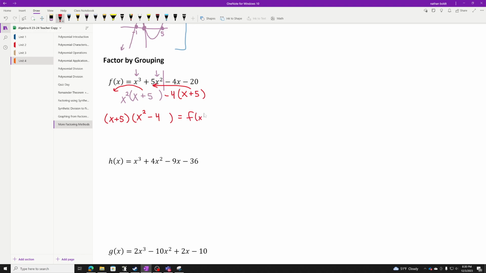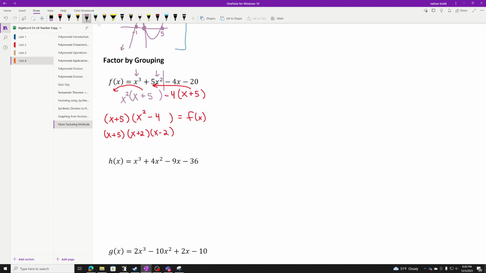Remember, our goal here is to get our x-intercepts. One of them you can see just fine, but we can keep factoring. That right here is a difference of squares. And so I'm hoping you can remember x squared minus 4 is x plus 2, x minus 2.